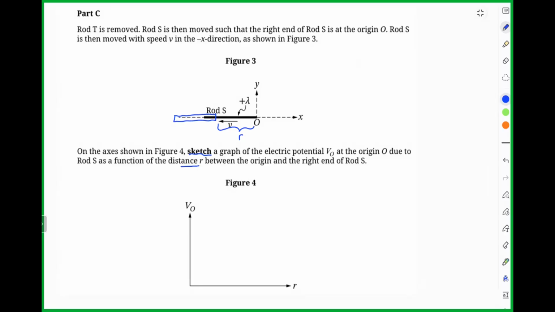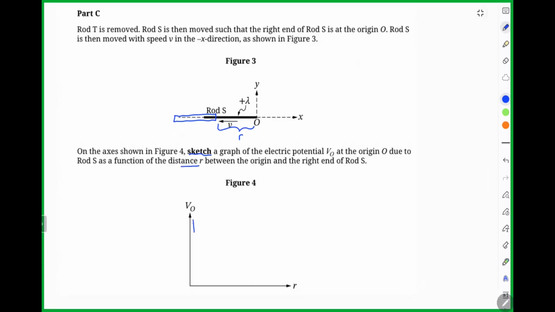Note that we could go ahead and directly compute what our potential is as a function of r, and that is a worthwhile exercise, which I may do in a separate video if anyone asks for it. But we're simply asked to sketch, and when we're asked to sketch, all we need to really do is think about limiting cases, and maybe a bit more. So the first thing I'm going to note is that when the rod is right at the origin, the potential should essentially be infinite because we've got charges a distance 0 away from the origin.